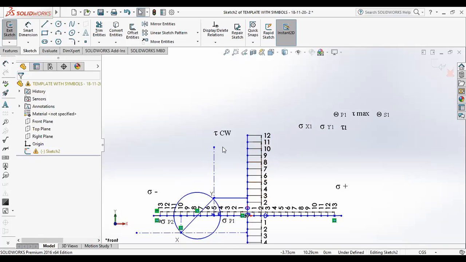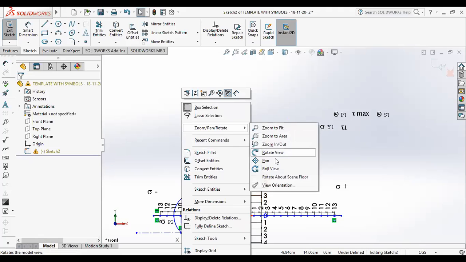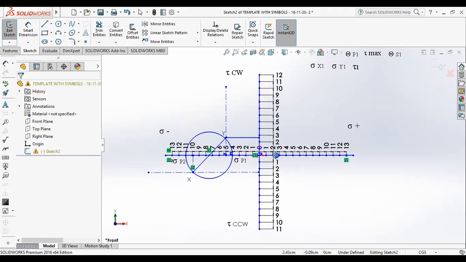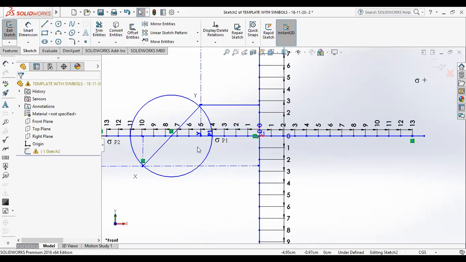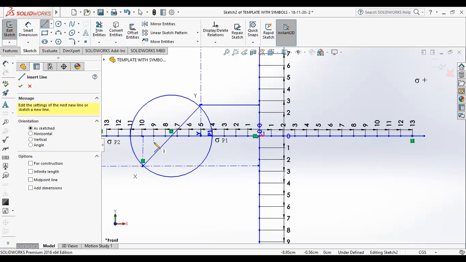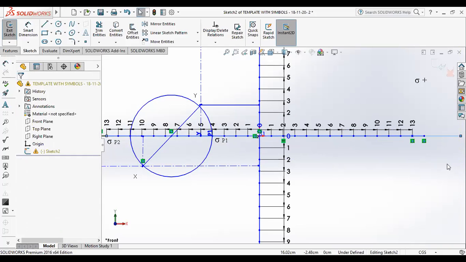In order to calculate 2 theta p1, I have to rotate my x face towards sigma p1, that is, draw a line for my reference. For you, you can do it directly.